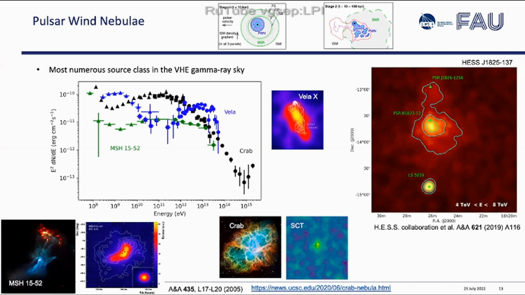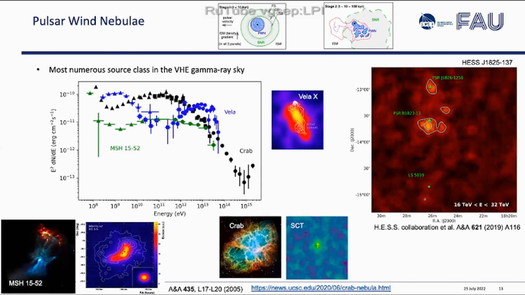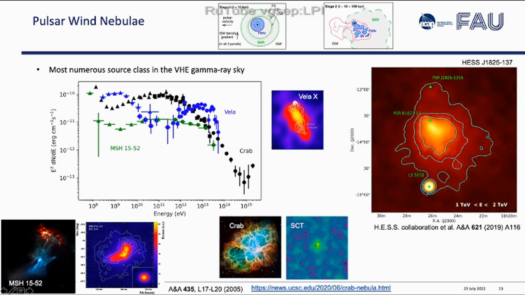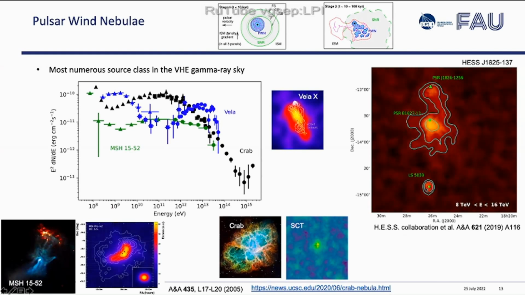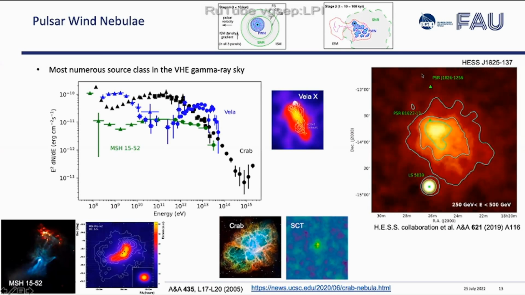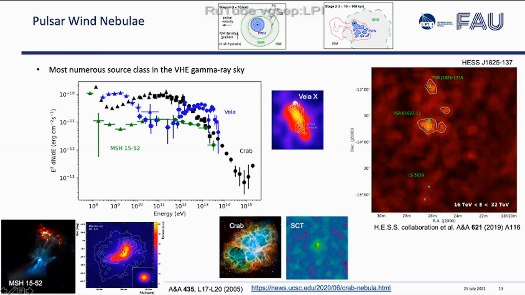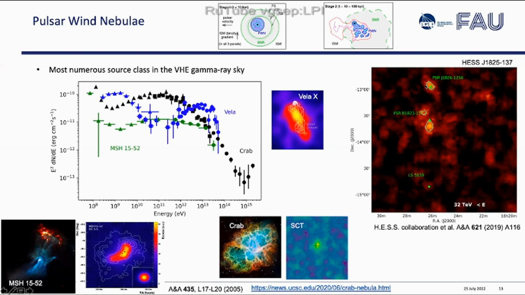So we really know that the pulsar is responsible for the emission here. It's one of these complex fields of view where we also see two other gamma ray sources in the field, LS 5039, which Petro already mentioned. This is a gamma ray binary, and J1826, which is another pulsar wind nebula just next door.